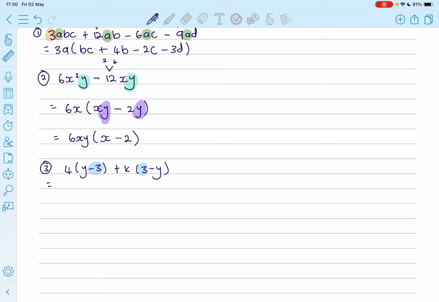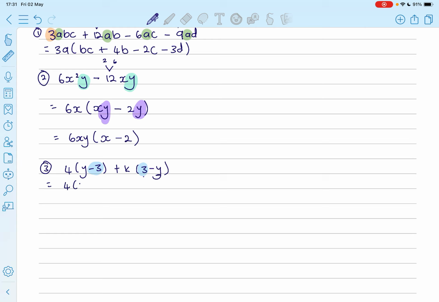We always prefer to have the variable being positive and the number can be negative. So that means let's try to make this y positive, and hence that means this is going to become negative. How are we going to do that? Well, it's by taking out a common factor that might not seem like it's there, but it is there. And that number is -1.